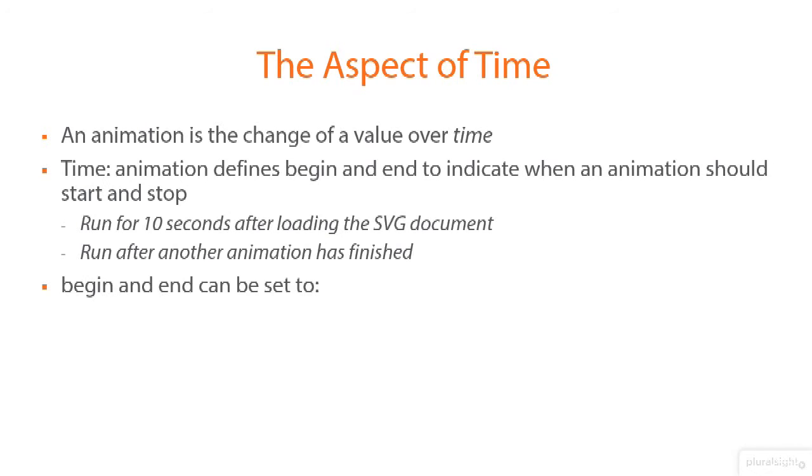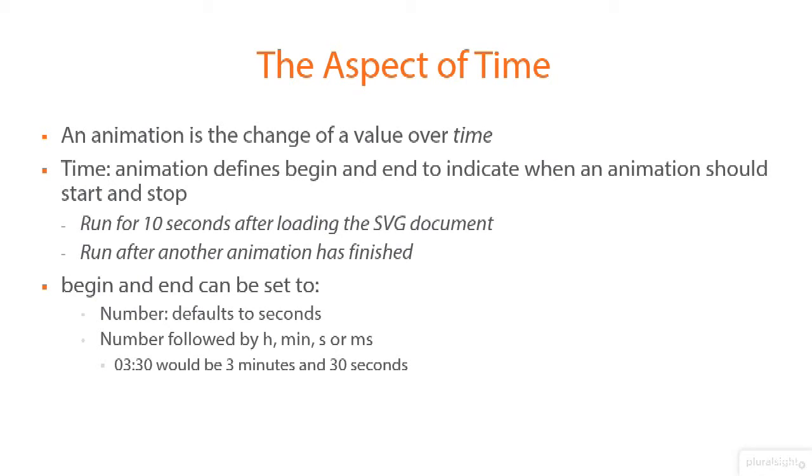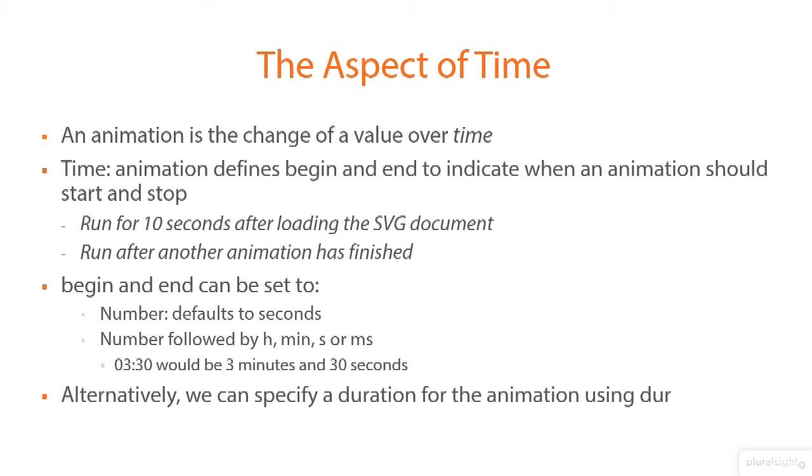The begin and end in an animation can be set to just a number, which defaults to seconds. If needed, we can also use numbers including hours, minutes, seconds, and even milliseconds. So 03:30 would mean 3 minutes and 30 seconds. And note that it's also possible to specify the duration of an animation using the dur property of the animation.